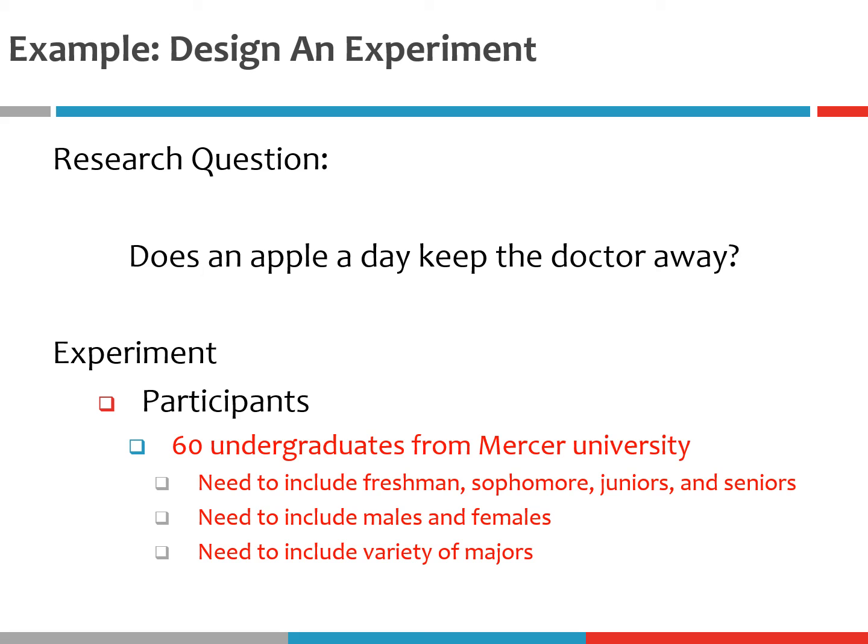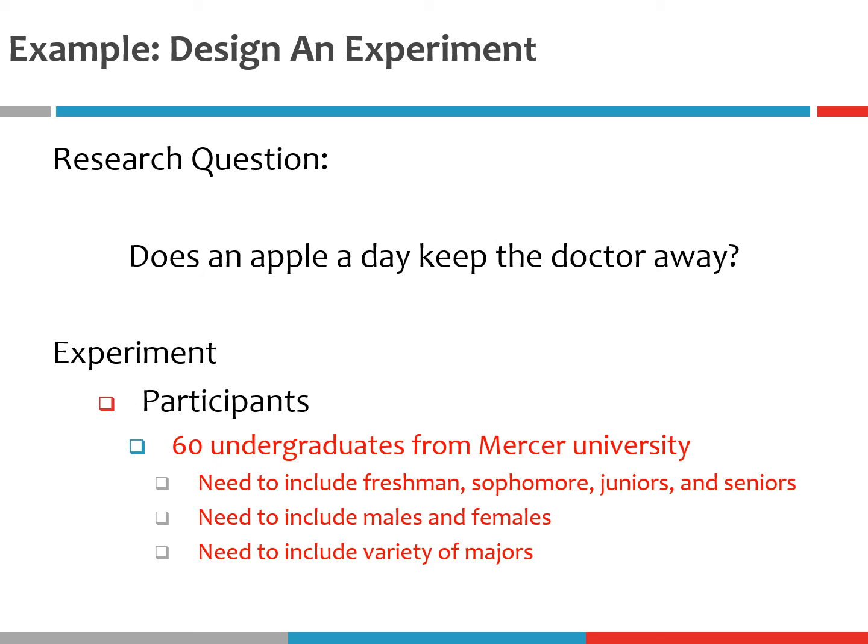And when we're collecting our sample, we want to make sure that it's representative of the entire population of Mercer students, right? And we'll talk about this more when we get to sampling. But generally, we would want to make sure that we have some freshmen, sophomores, juniors, and seniors included. We would want to make sure that we have both males and females.